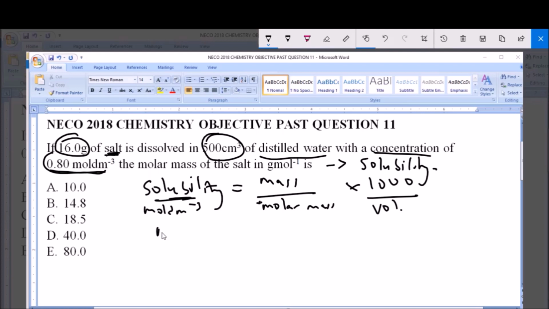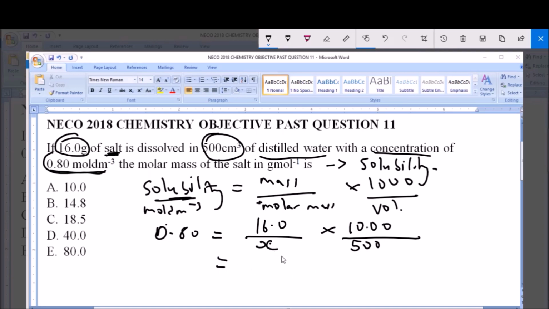So the solubility here is 0.80, equal to mass 16.0 over molar mass unknown, let's call that x, times 1000 over volume, which is 500. So multiply this by this, and this by this, and this by this. So that will give us 16,000 over 500 x 0.80 here.